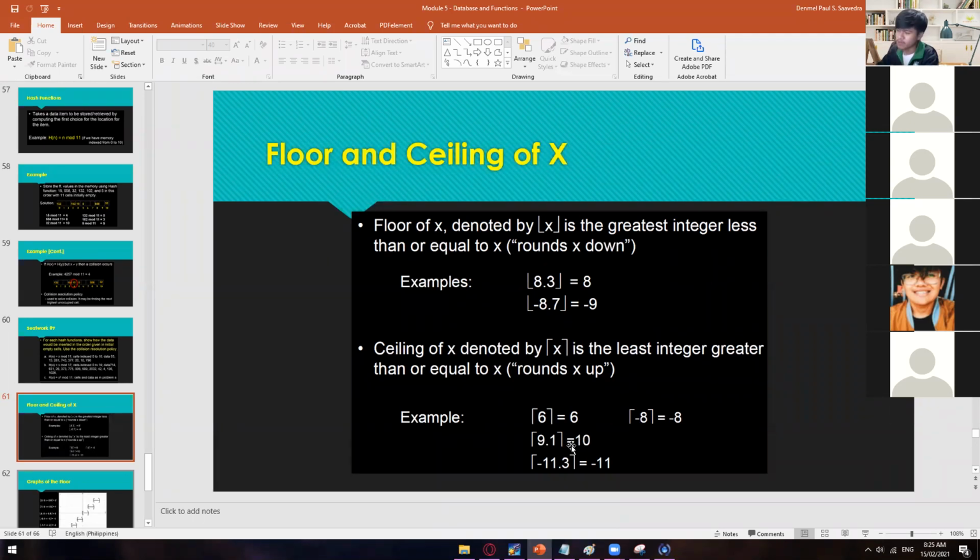So 9.1 will become 10. The same with this one, your negative 11.3 will be rounded up, so this one will become negative 11. All right, and then negative 8 will stay as it is.